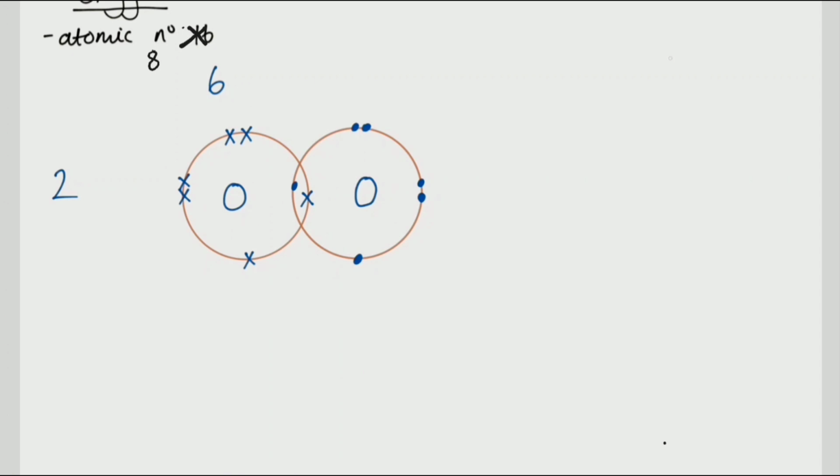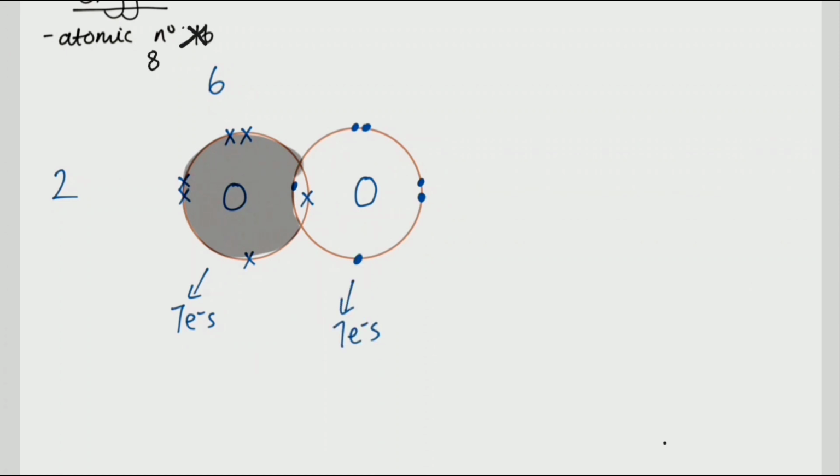So the first oxygen atom here, let's count 1, 2, 3, 4, 5, 6, 7. So the first oxygen atom has 7 electrons. And the second oxygen atom, let's count again, 1, 2, 3, 4, 5, 6, 7. It's got 7 electrons.